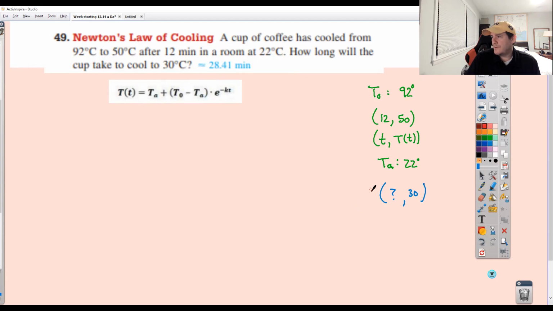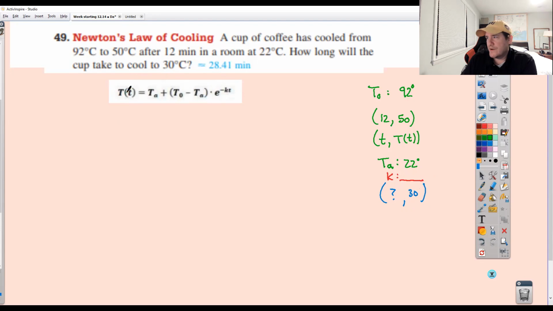So before we can ever get to that, we need to figure out K. So we first use all the given information to find K. Then we can update our model with the right value of K. And then we can just plug 30 in for T of t and solve for the associated time. Those are the steps. Let's do them now.